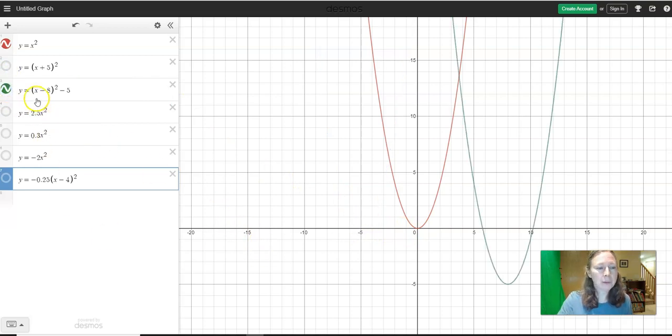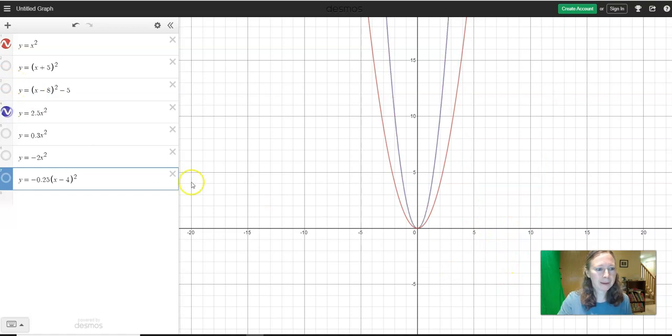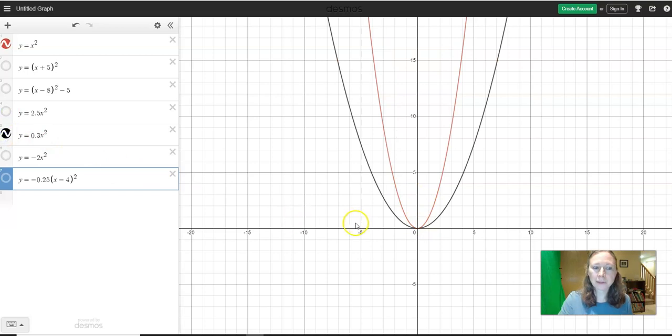This function, y equals (x minus 8) squared minus 5, has the same shape as the parent function, but it is moved to the right 8 and then down 5. Y equals 2.5x squared is at the same vertex as the parent function, but it's skinnier and taller. Y equals 0.3x squared has the same vertex as the parent function, but it is wider and fatter.